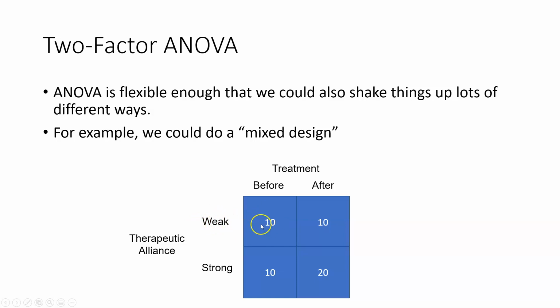So before they had a score of 10 and after they still had a score of 10. But if you have a strong therapeutic alliance, then you might start at 10 and after therapy you might have a score of 20, so your mental health will have improved. We would call this a 2 by 2.